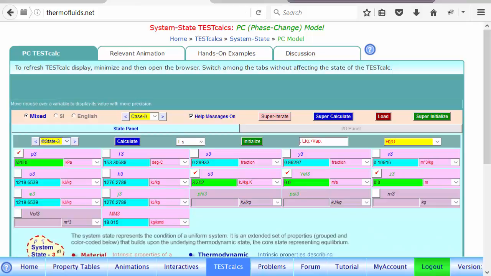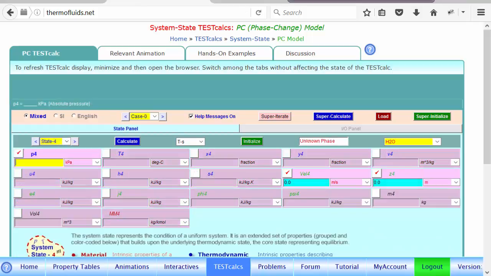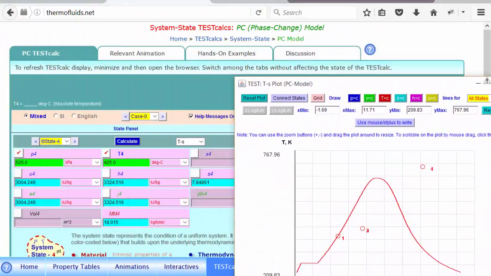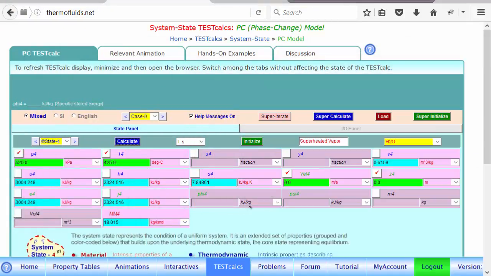So state 4, again the pressure is 520 kPa and temperature is 425, right? If you calculate, the enthalpy is found to be right here, 3324. Not bad at all. We said 3330 and the actual answer is 3324.